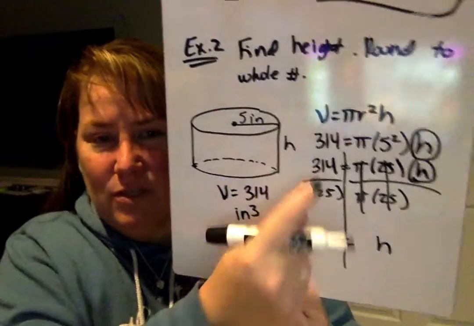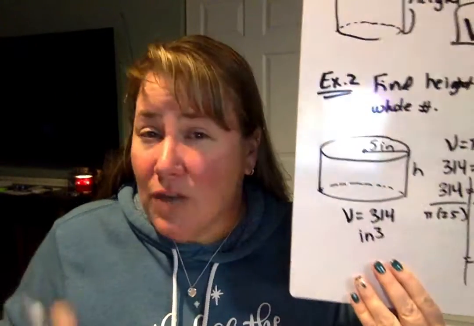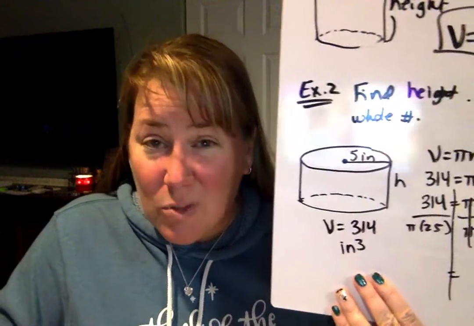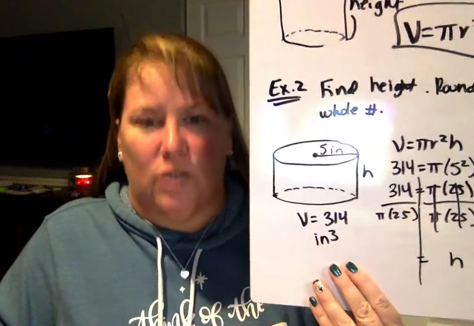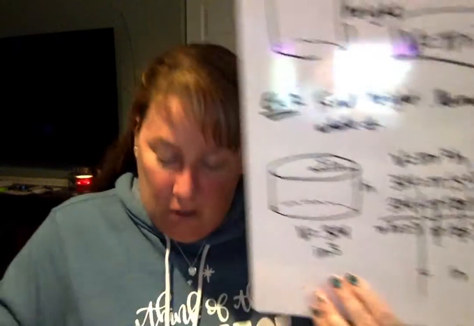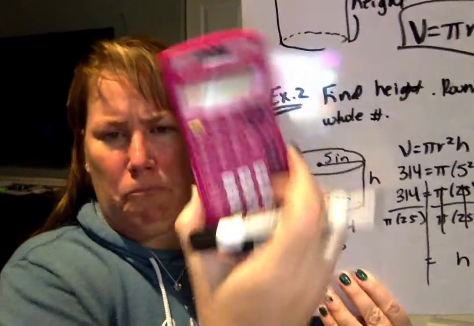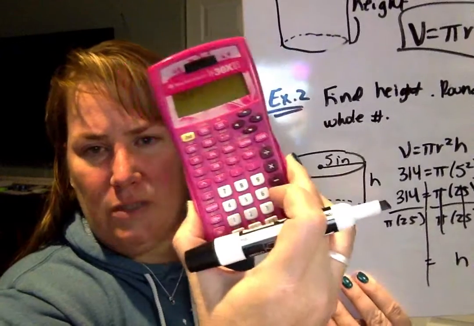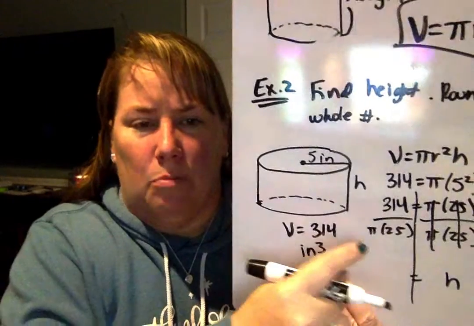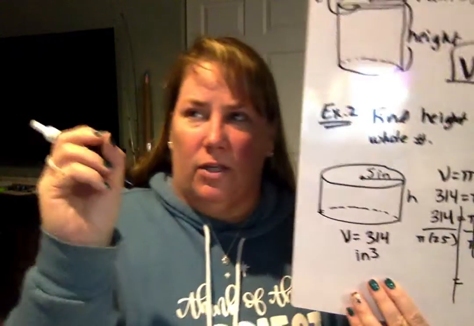So now we have to do this. But here's the thing, you've got to enter this properly in the calculator. So, 314 divided by, there it is. If you just go pi times 25, the calculator, hang on.